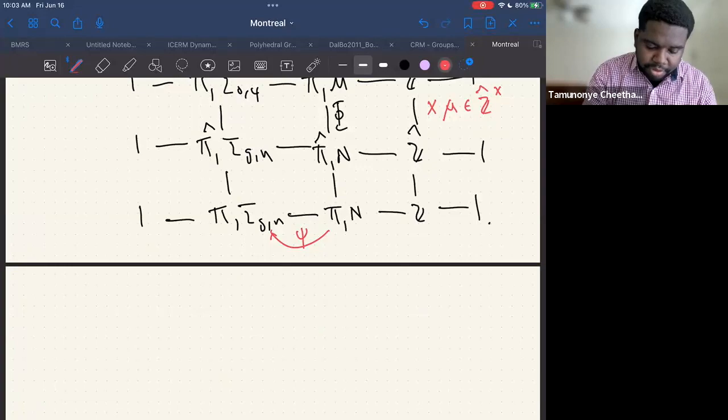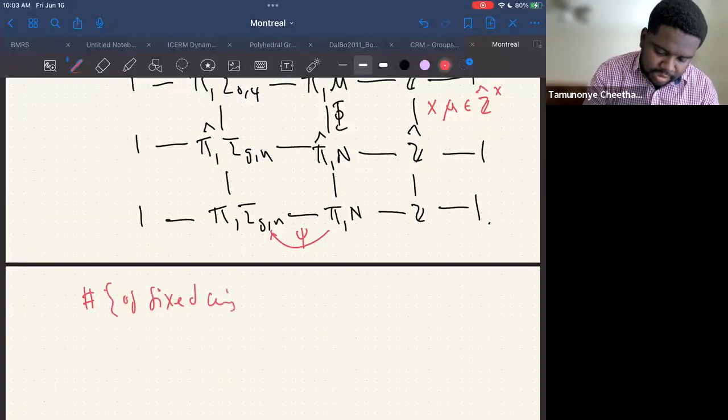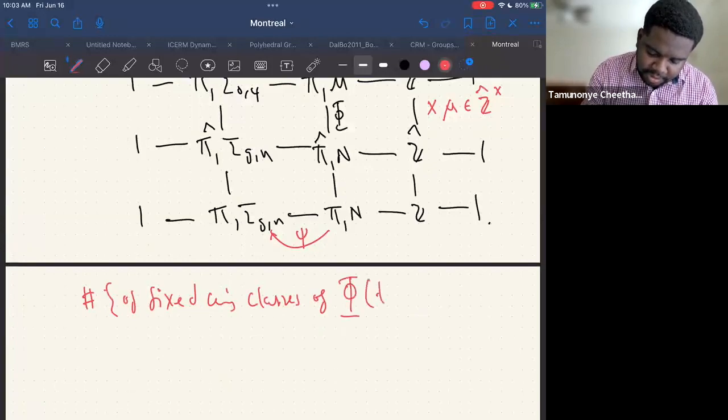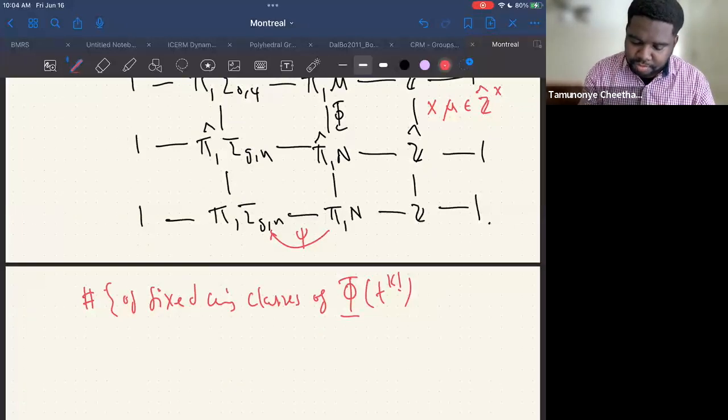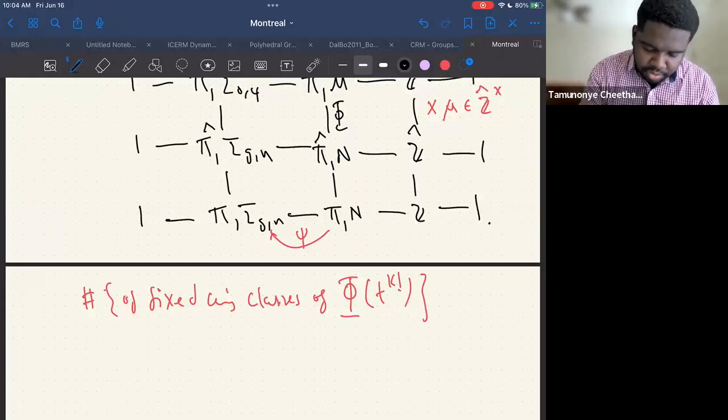the number of fixed conjugacy classes of, in this case, I'll just call it phi of t to the k prime, which is also going to be a stable letter acting on that, will also be 4.